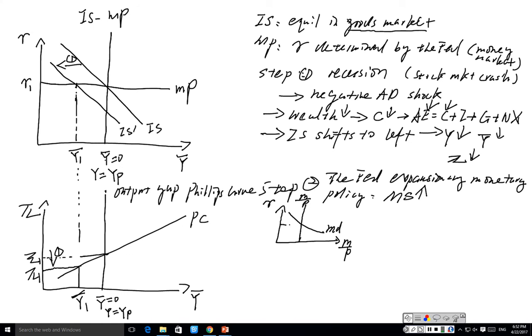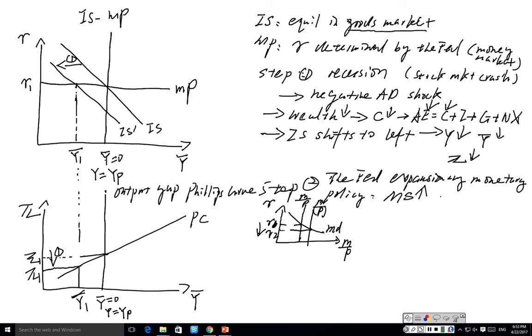These two determine the interest rate. Suppose R1 is the initial interest rate. When the money supply MS increases, it will shift the real money supply curve to the right because the numerator M increases. With the new real money supply curve, we can see from this graph the real interest rate will drop.